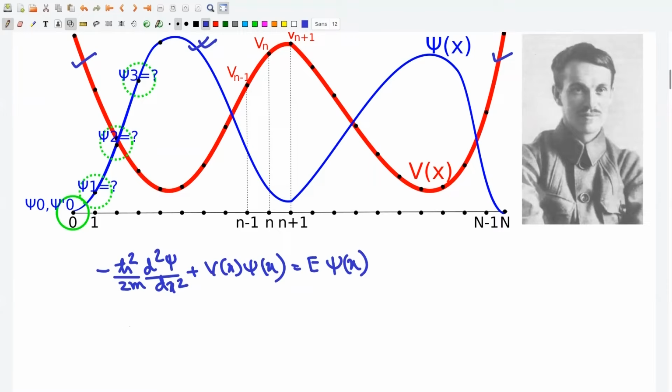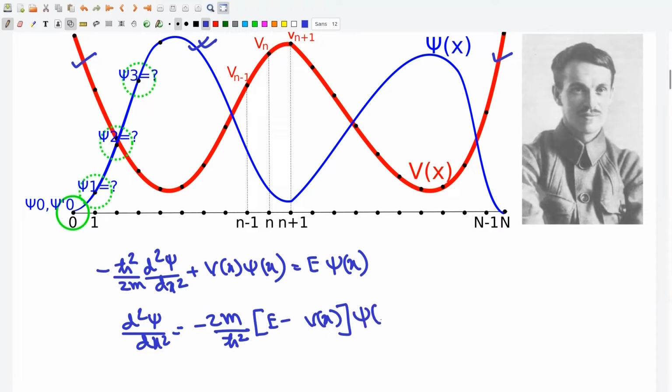Now, as we did before, we just rewrite this: d2 psi dx square is equal to minus 2m by h cross square (E minus V of x) psi of x, and this part we just write as P of x, such that we can write minus P of x psi of x.